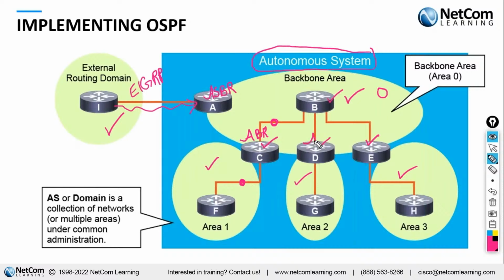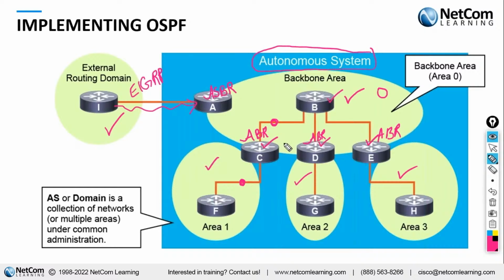And this one is also an ABR, and that is also an ABR. So we are receiving routes from other areas like Europe, Asia, and Africa, and those routes are entering our backbone area through the ABR, and some routes we are getting from external, and that is possible through the ASBR. So that is the basic infrastructure of OSPF.